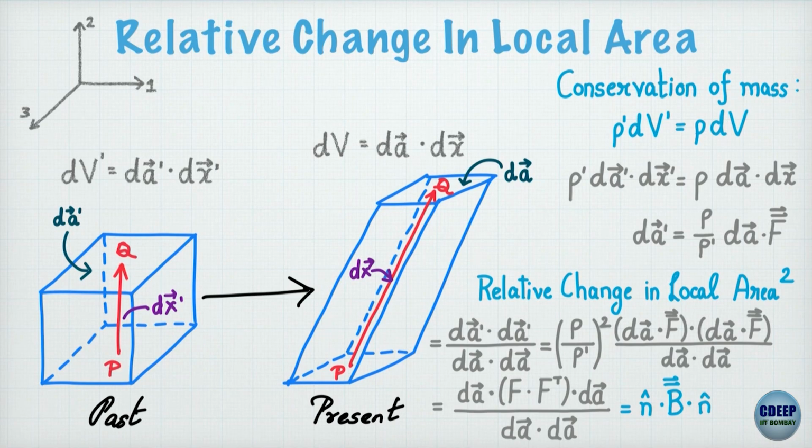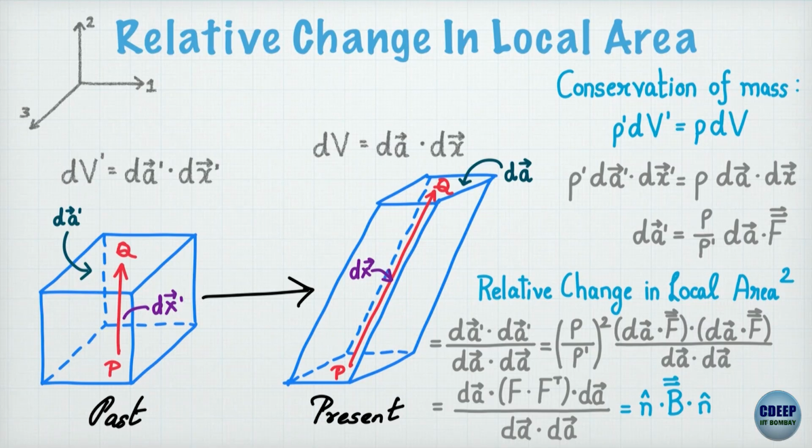We had the previous vector pq which is deformed to the new vector pq. Now, what we want to show here is that the Finger tensor B represents nothing but a relative change in the local area. Why change in area? If you remember when we did the uniaxial extension, you were pulling in one direction, but there was a change in area in the normal direction. Similarly here this thing is being pulled in some random fashion, but there is a change in this cross sectional area.